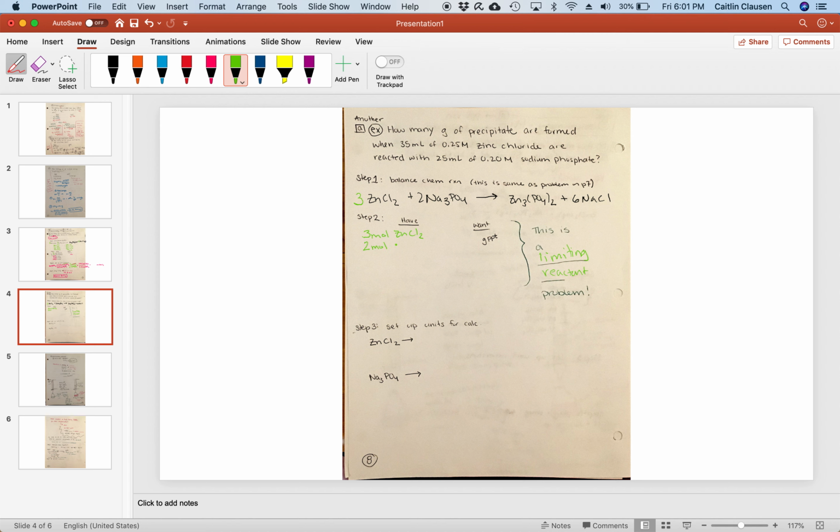But again, this is a limiting reactant problem. We can't just pick one of the reactants arbitrarily. We have to figure out which one's limiting. So we need to know the moles of sodium phosphate as well as the moles of our product in question.